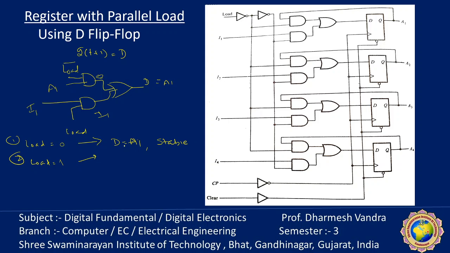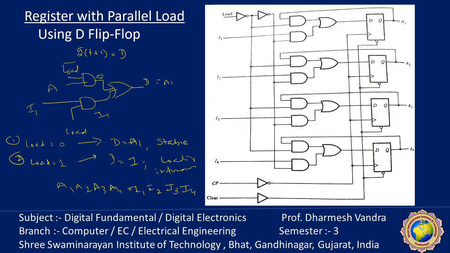So D is equal to I1, meaning loading the information. And we can say that when load equal to 1, A1, A2, A3, A4 equal to I1, I2, I3 and I4.